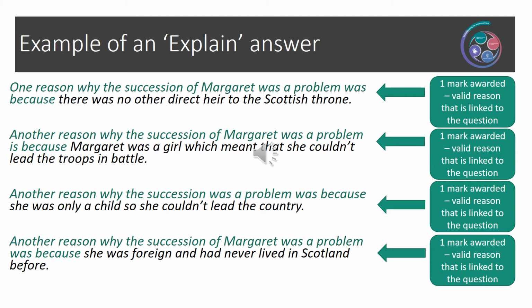The part that you then see at the end of the sentence, Margaret was a girl, which meant that she couldn't lead the troops in battle, is a point of knowledge. So taking that full sentence together, 1 mark was awarded for a valid reason being given that's linked to the question. The same applies to the third and the fourth knowledge points that you see on the screen.